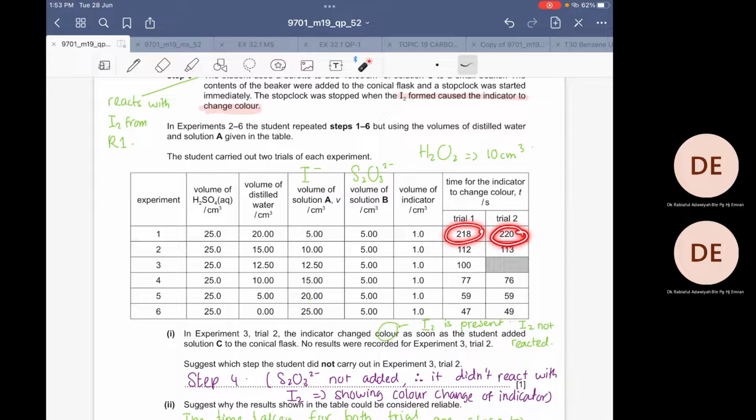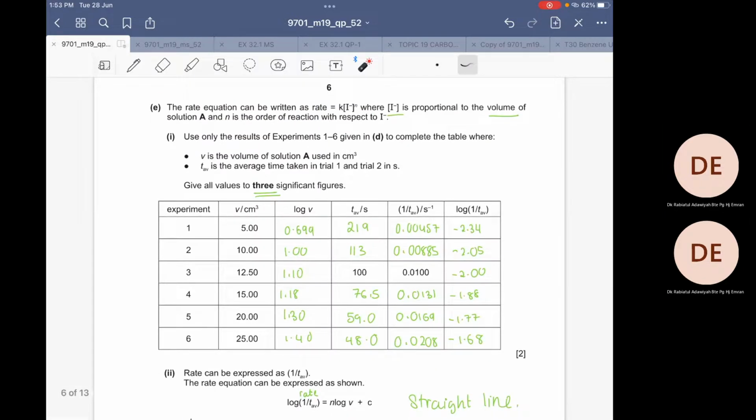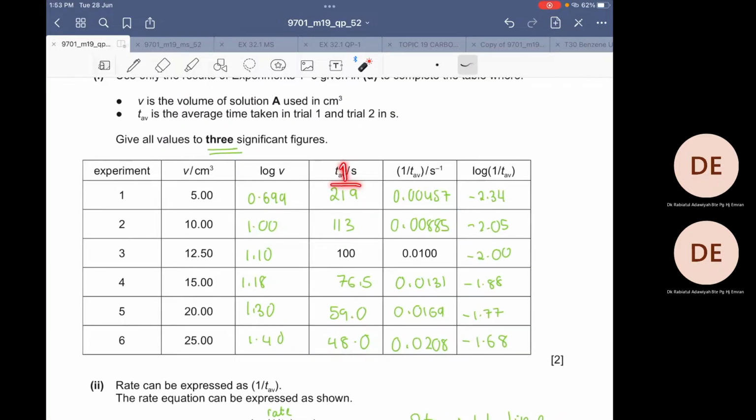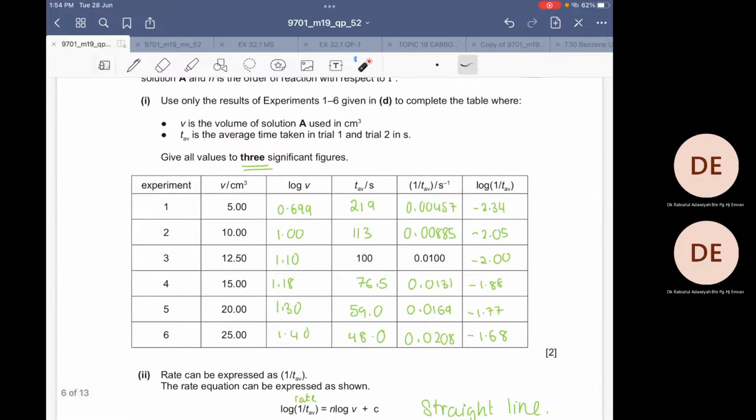I hope everyone managed to do that. So for each experiment, you add trial 1, trial 2 over 2. 1 over T average is just 1 over this number. And then log to the base 10 of 1 over T average is just the log of these numbers. Are you all okay with that table? Make sure that your values are all to 3 significant figures.